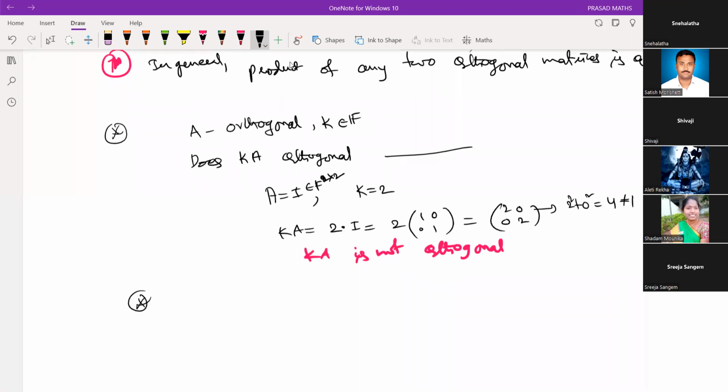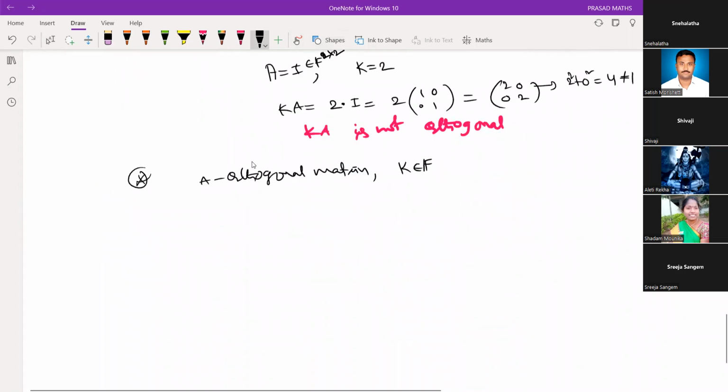But look at the idea. What is the problem behind this? K is any scalar. Look at the definition.